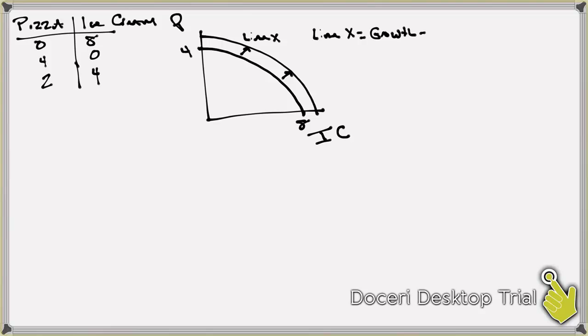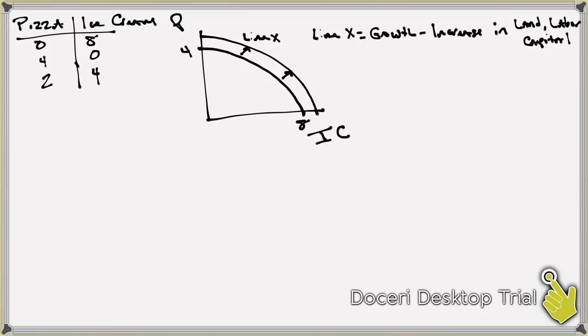And growth happens when we have an increase in land, labor, and capital. That's how we get growth. We have more resources. Okay?